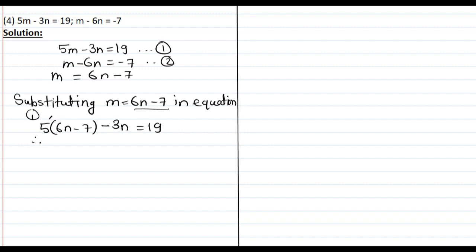Now solve the bracket. 5 times 6 is 30n, minus 5 times 7 is 35, minus 3n equals 19.